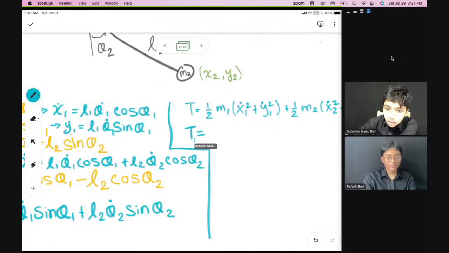So now that's going to be half M1 times x1 dot squared. It's going to get worse when we get to x2, but for now it's fine.